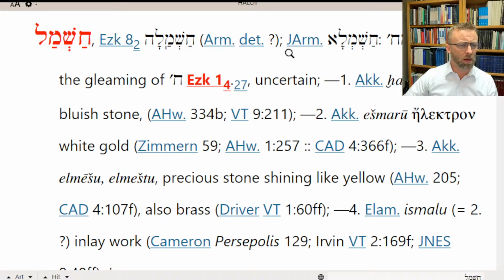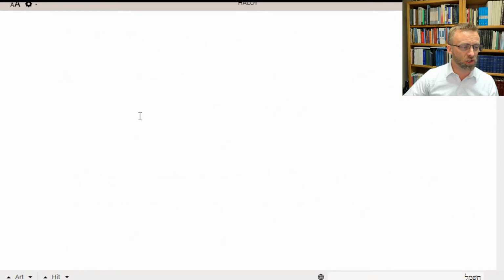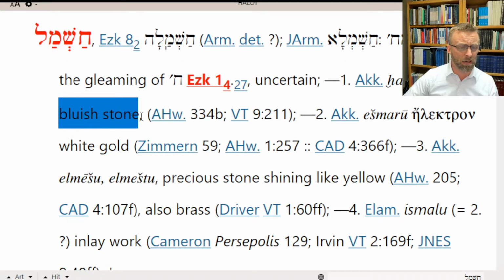We get it in Jewish Aramaic, like the gleaming of whatever chashmal is, metal. We notice that in the Akkadian language from Mesopotamia, there's a word chashmanu, which means a bluish stone, and that is probably a cognate.